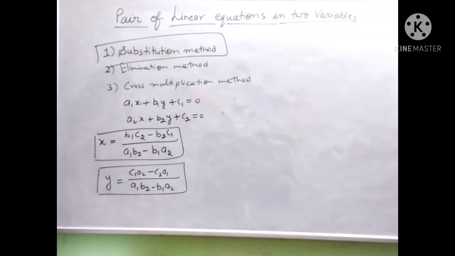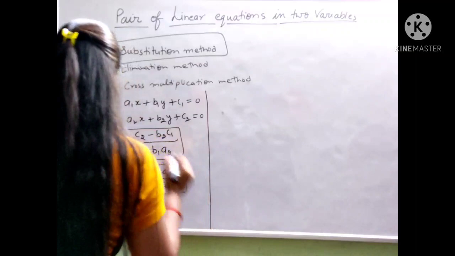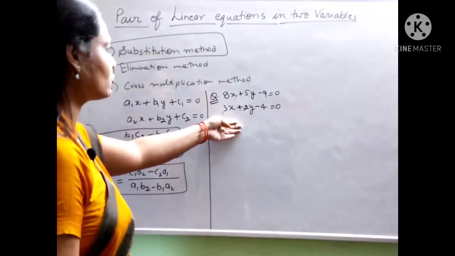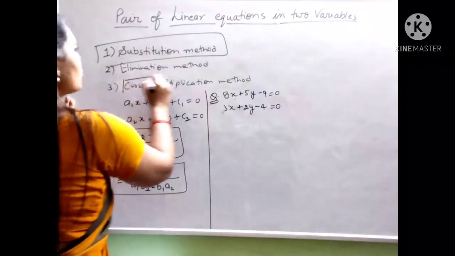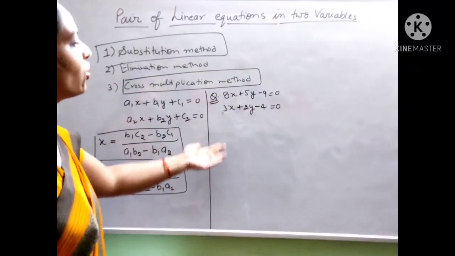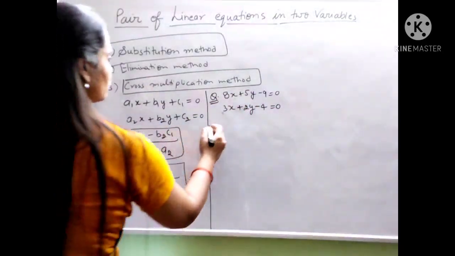So let's take an example of it. Yes, this is the question we have to solve by the method of cross multiplication. So first of all, we have to know what are the values of A1, A2, B1, B2 and C1, C2.